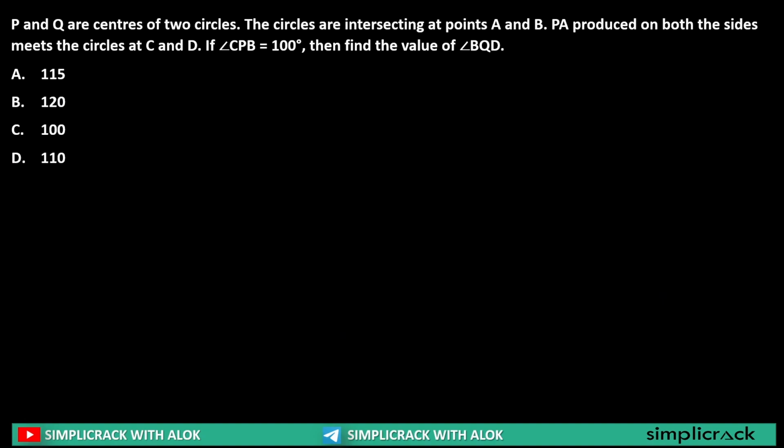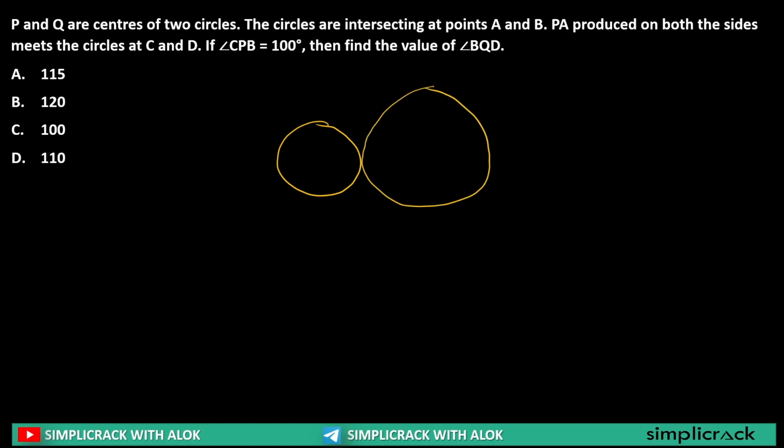P and Q are the centers of two circles. The circles are intersecting at points A and B. Now PA is produced so that on both sides it meets the circle at C and D. So this is a circle and this is another circle.